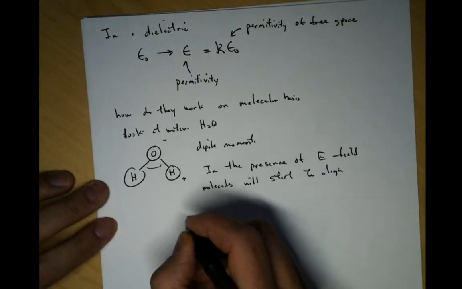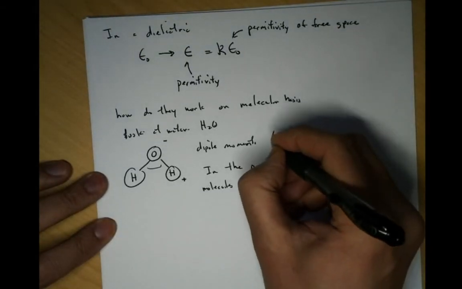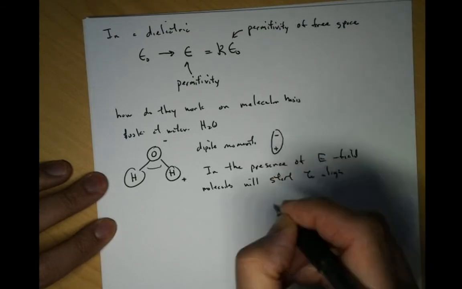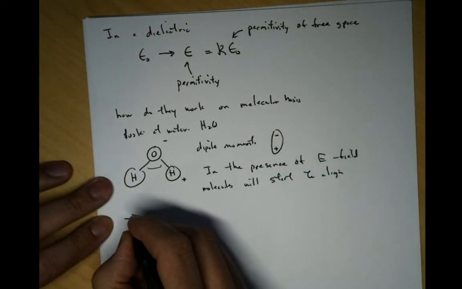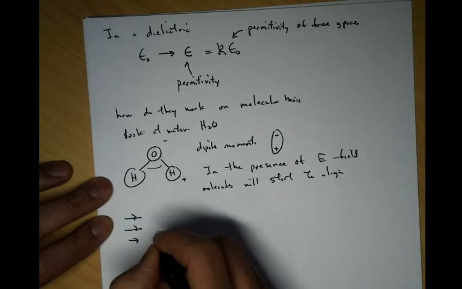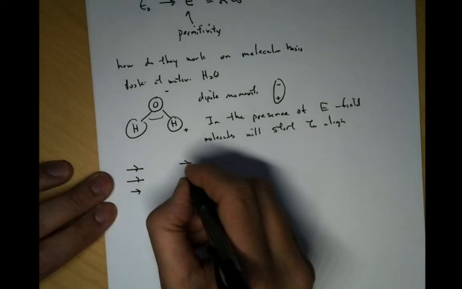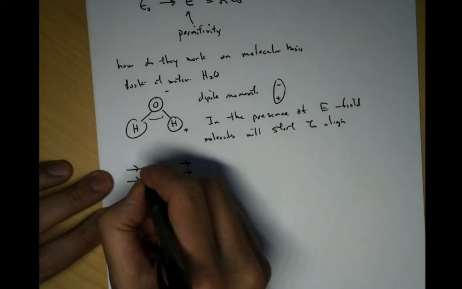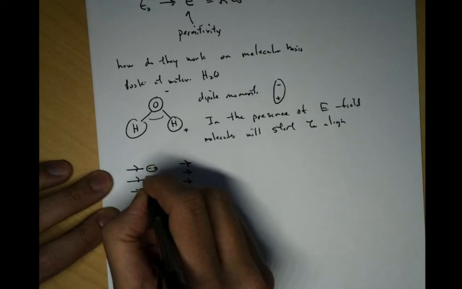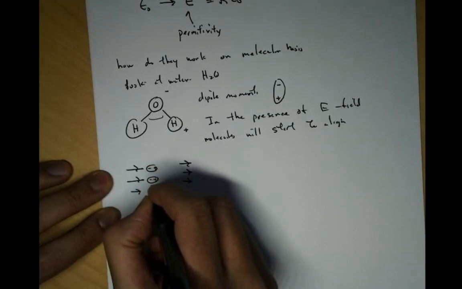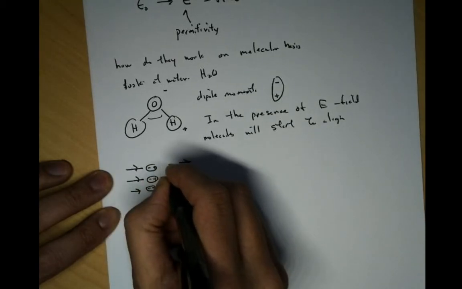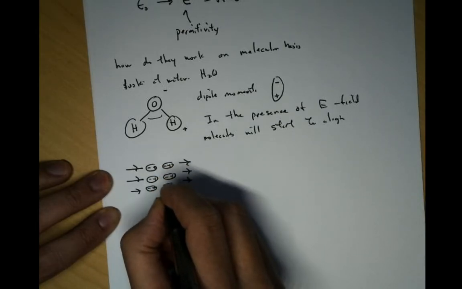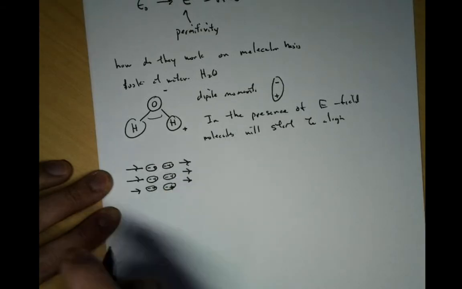So for instance, if you think of this thing as basically an elongated object with a negative charge and a positive charge here, and you apply an electric field across that material, this will start to line them up. So it'll be negative here, positive here, negative, positive, negative, positive, and so on, right?